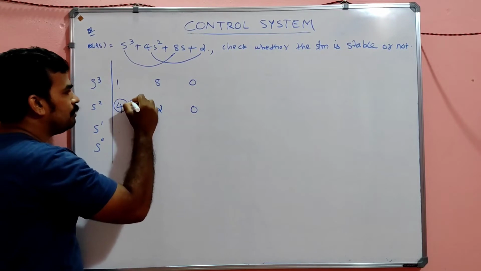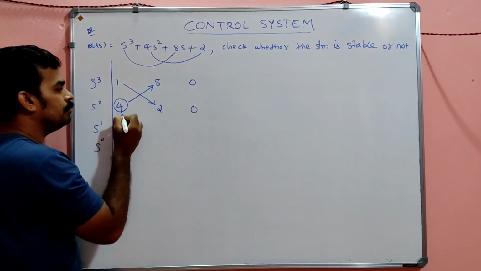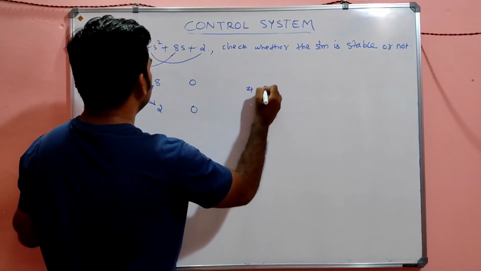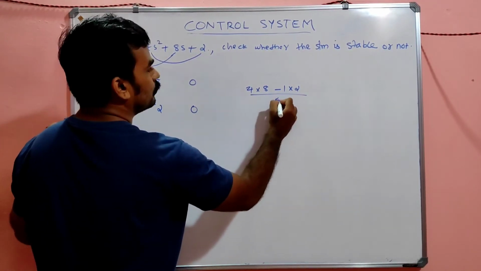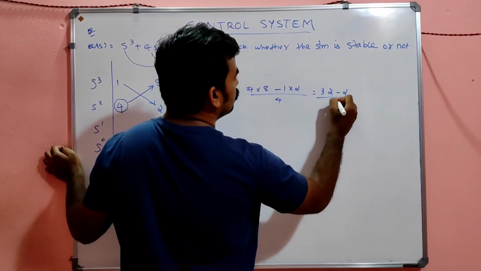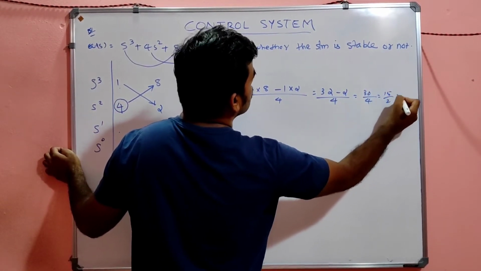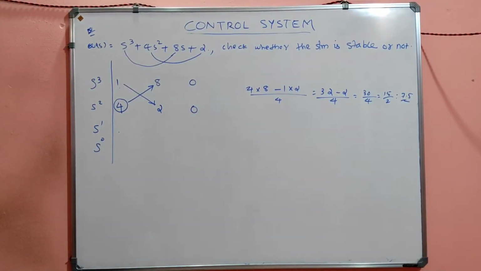Multiply this with this, multiply this with this, divide by this. That means 4 into 8 minus 1 into 2, divided by 4, which is 32 minus 2 by 4, 30 by 4, 15 by 2, which is nothing but 7.5.